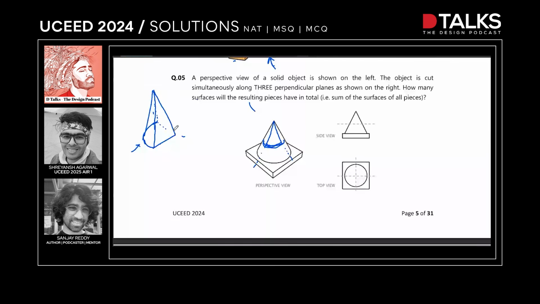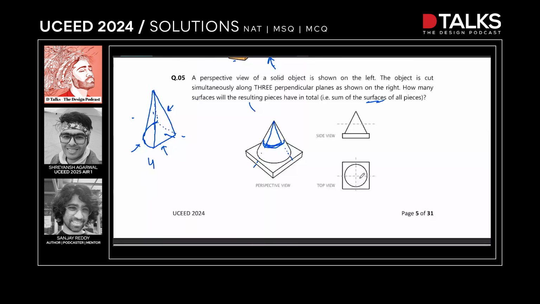So that's one on this side, two on this side. I'm counting surfaces. It's asking you to count the number of surfaces on all pieces. So these are two flat surfaces on the side, one big curved surface, that's 3, and then one surface on the bottom, that's 4.